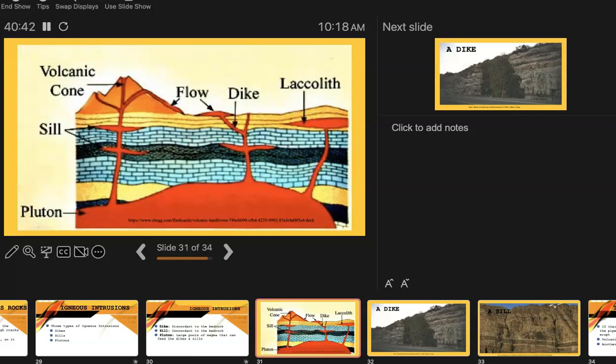So if I were to point to this guy right here, which is one of the few unlabeled ones, would that be a dike or a sill? All right, hands up for dike. How many people think that's a dike? Again, many of you weren't looking, so we're doing this red one here. How many dikes? All right, how many sills?